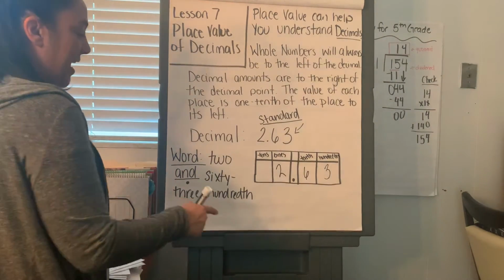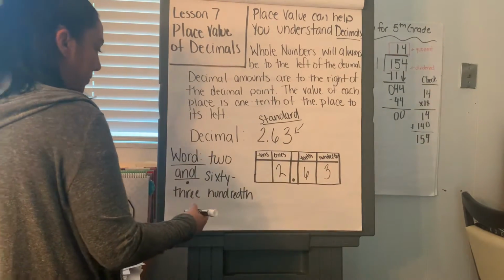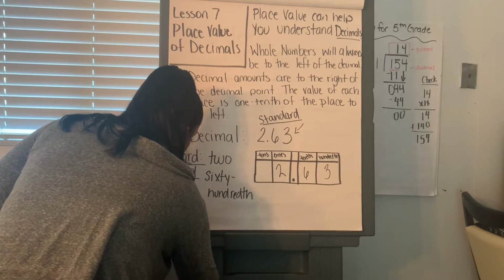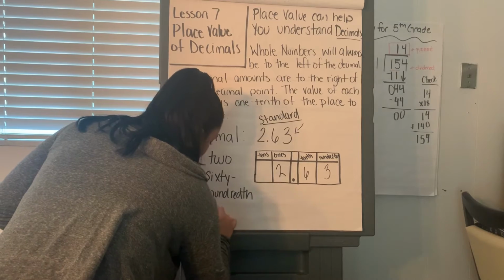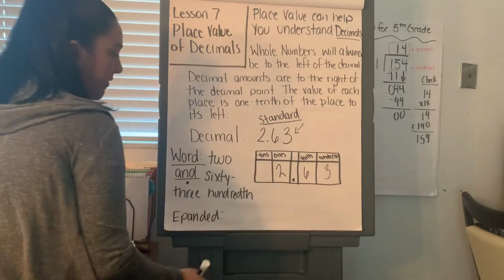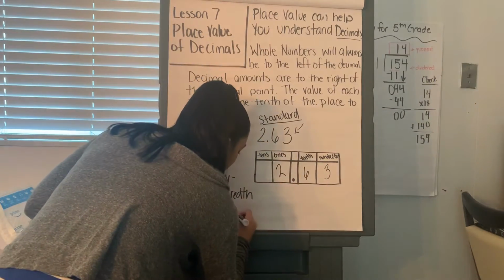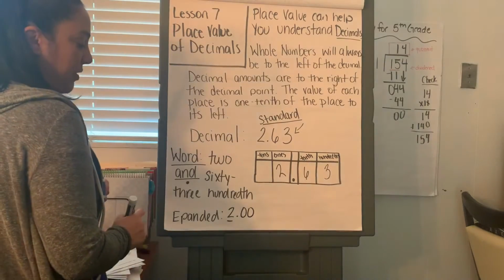Expanded is taking the value of each number like we did in the regular place value. But here, you would have to include your decimal points. So your expanded of the 2 would be 2.00. Remember, everything turns into zeros. Only the number that you're working with is the value that you keep.